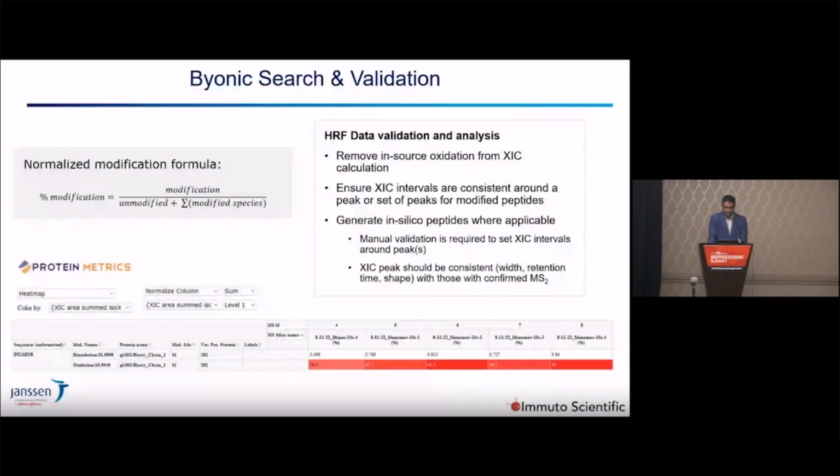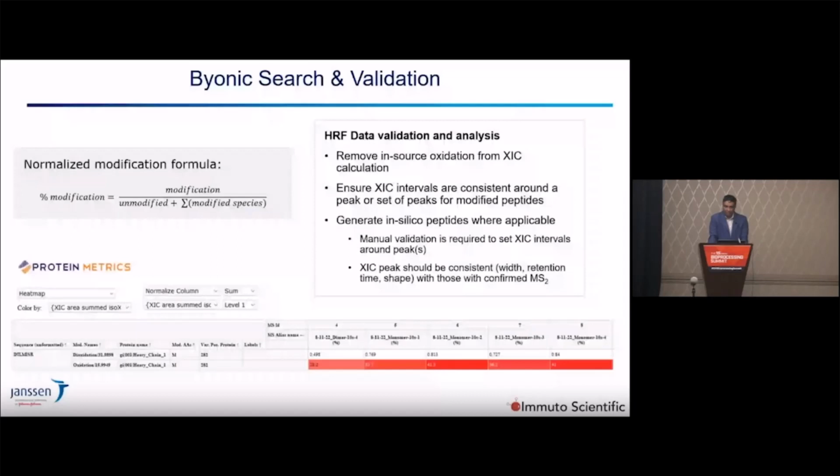In this software, we can also remove any artifactual modifications that can happen during ionization, like in-source oxidation. This software also ensures that the correct extracted ion chromatograms can be generated for individual peaks as well as sets of peaks where the modifications can be more pervasive across the entire sequence.